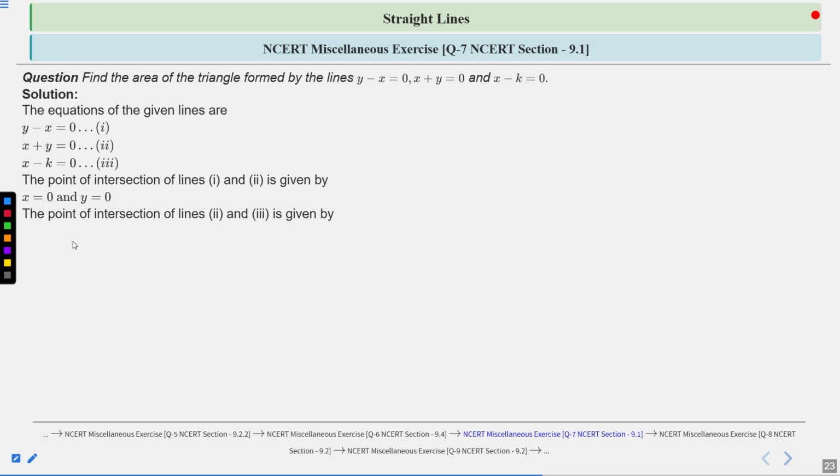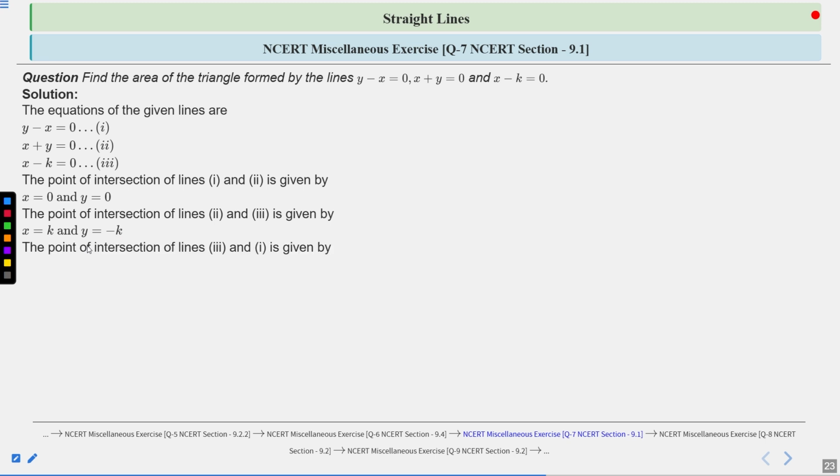And what is the point of intersection of lines 2 and 3? If we solve equations 2 and 3, then easily we can find the point of intersection of lines 2 and 3, which is given by x equal to k and y equal to minus k.